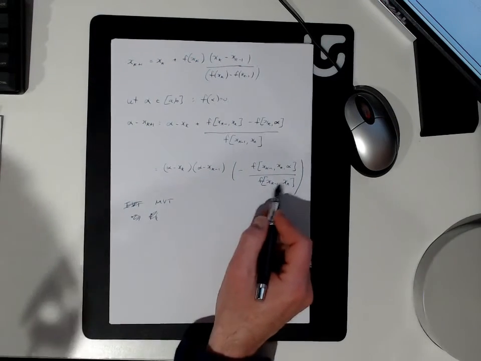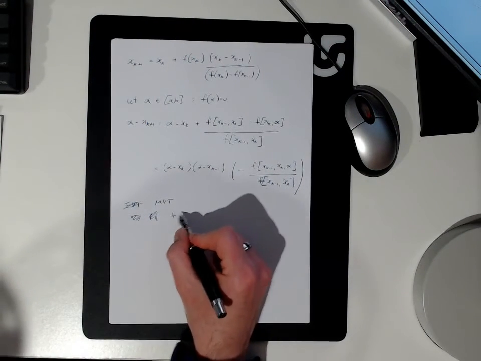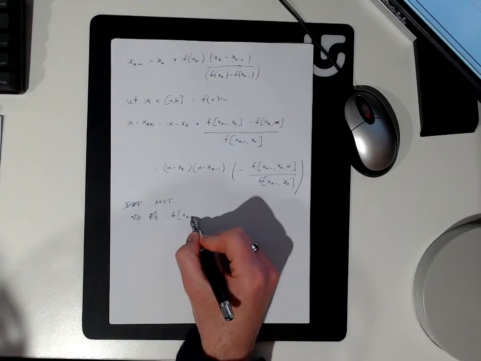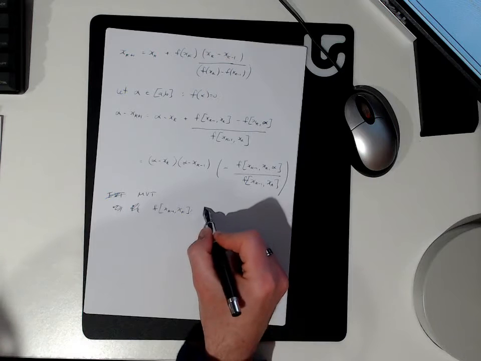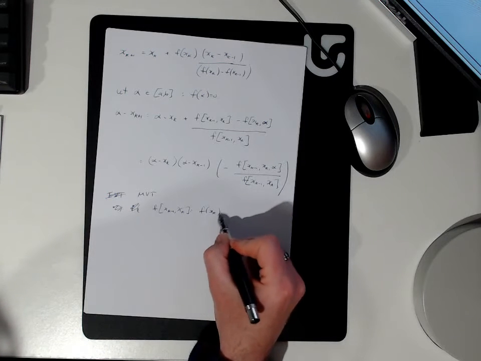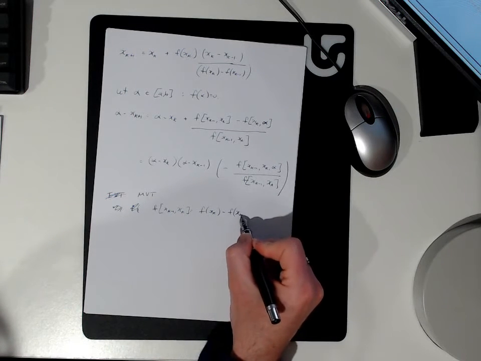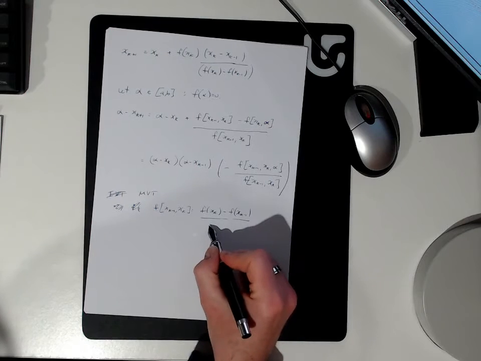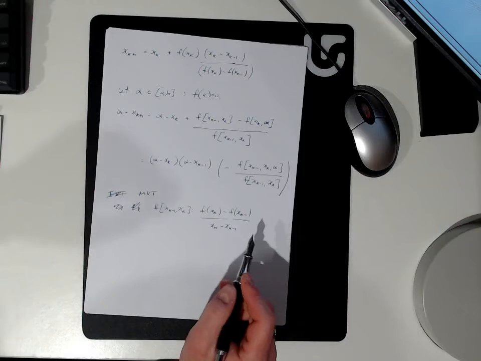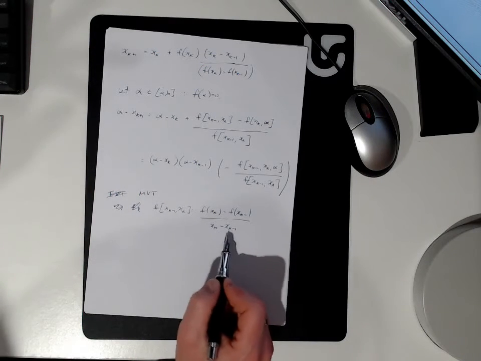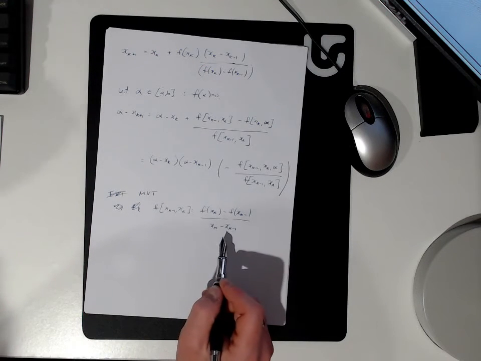So think about this. F xk minus 1, xk is equal to f of xk minus f of xk minus 1, divided by xk minus xk minus 1. We don't know that xk is actually bigger than xk minus 1, but whatever.